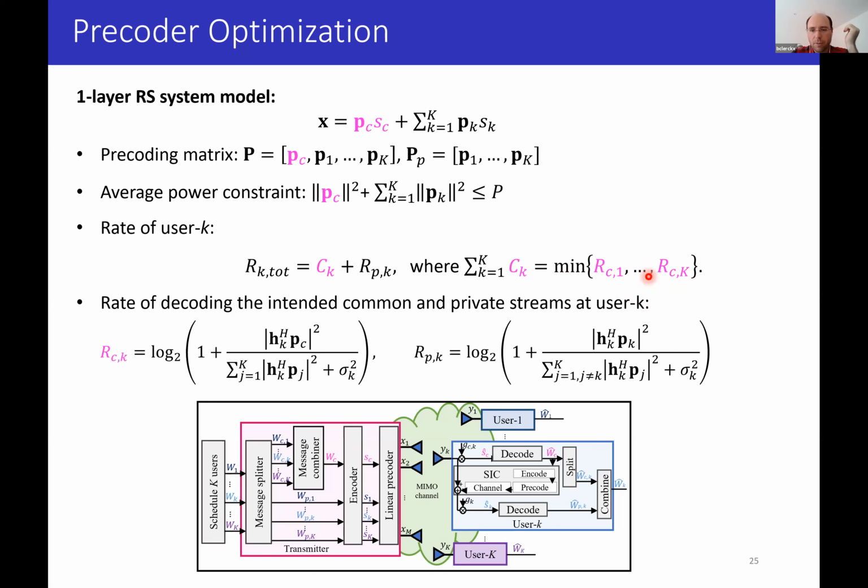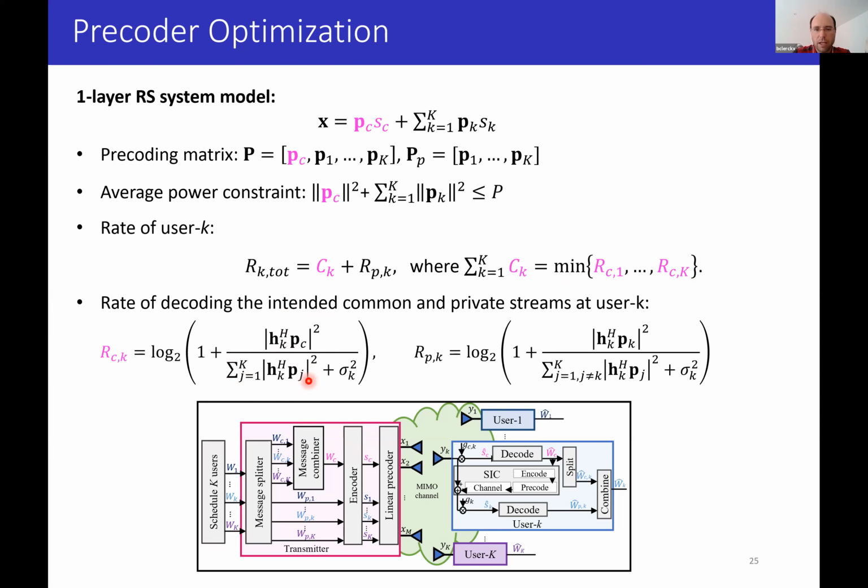So RCK is the rate that the channel of user K can support when it decodes the common stream. That rate is log2(1 + SINR). When I decode the common stream at user K, I have the signal power of the common stream divided by the interference created by those K private streams.